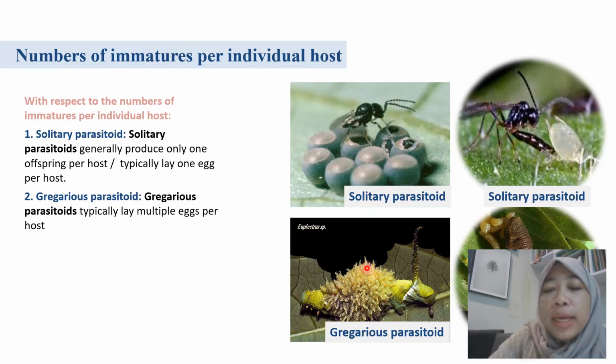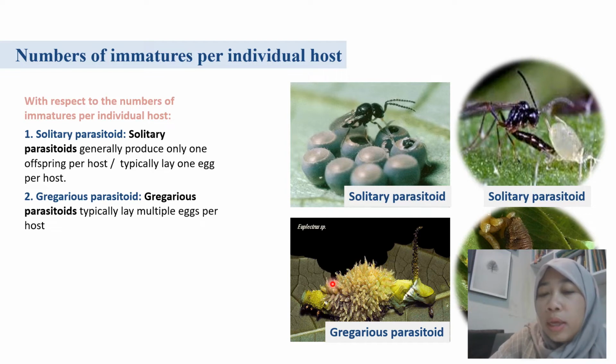This is called a solitary parasitoid. It's different from a gregarious parasitoid. In a gregarious parasitoid, in one host, we can find multiple eggs per host. After the eggs, they will emerge and move into larvae, and the larvae then into pupae.